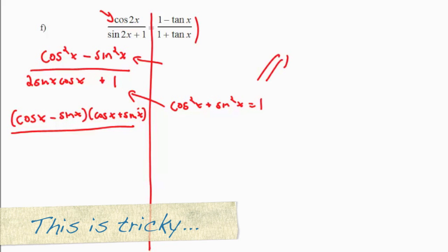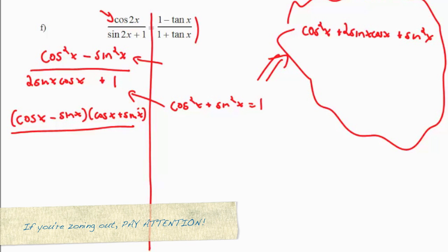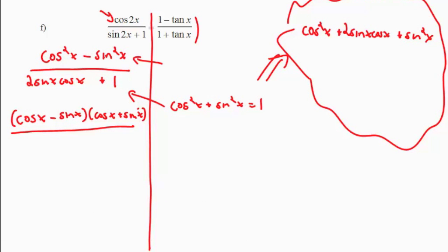Now, here's the trick. For that pesky little 1 there, I'm going to plug in the idea that cos squared of x plus sine squared of x is equal to 1. Now, why did I do that? Well, let's take a look. I'm going to go on a side note here. Let's call this my thought bubble. I'm going to end up with cos squared x plus 2 sine x cos x plus sine squared x.